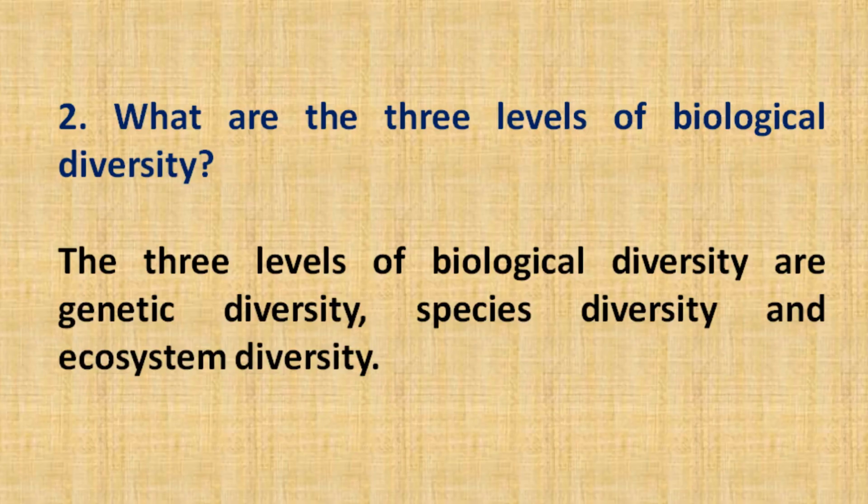The second question is, what are the 3 levels of biological diversity? Answer: the 3 levels of biological diversity are genetic diversity, species diversity, and ecosystem diversity.